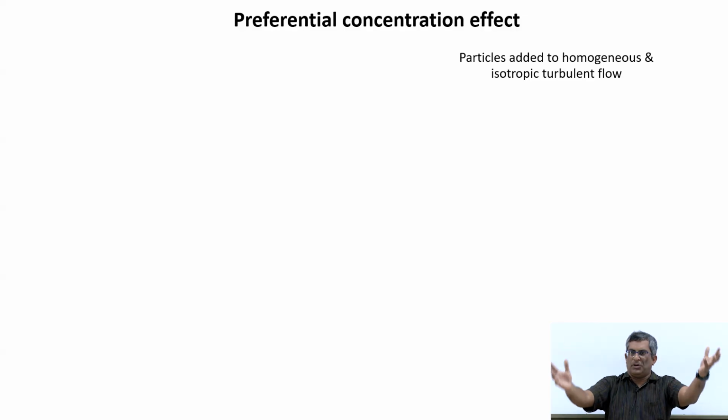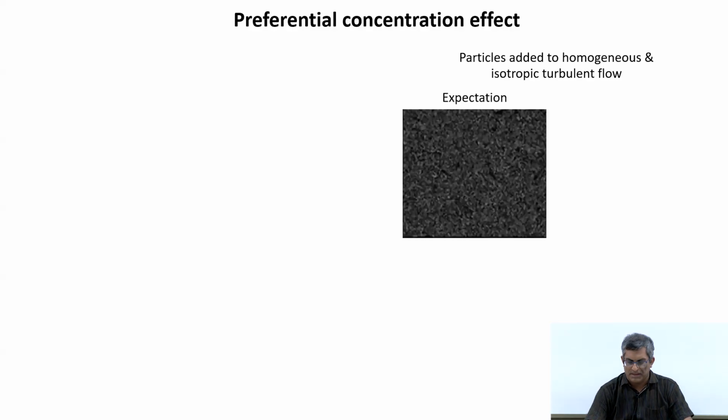You have a turbulent flow, let us say in this room you create turbulence some way and you add some particles. You expect the particles to be randomly distributed because the turbulence itself is random. When the particles are randomly distributed, what would you expect as far as the local concentration is concerned? You expect the concentration to be uniform everywhere because they are all randomly distributed.